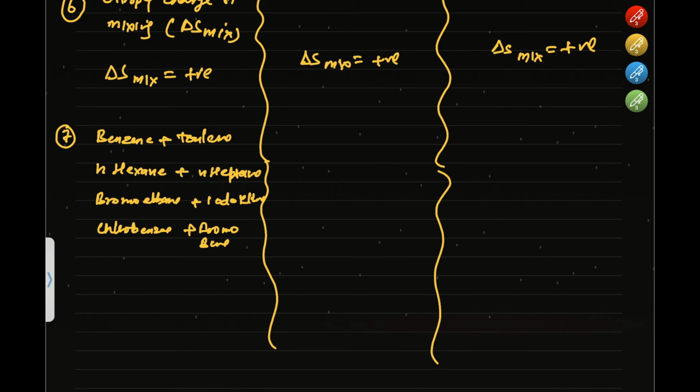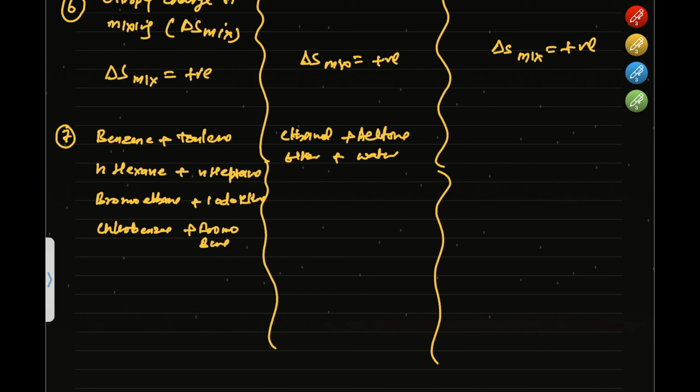Okay, for positive deviation: ethanol mixed with acetone, or ether plus water. Ethanol plus acetone and ether plus water show positive deviation.